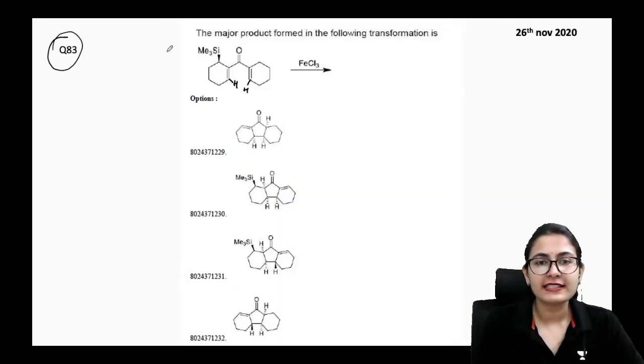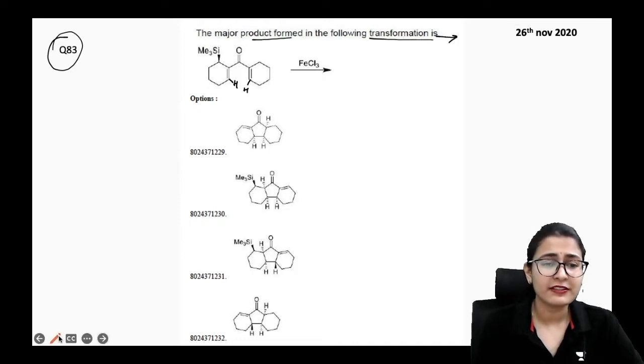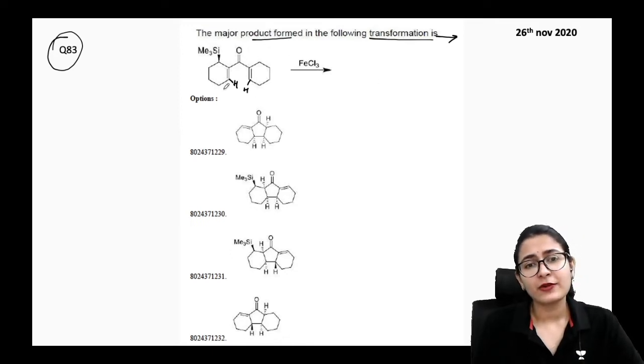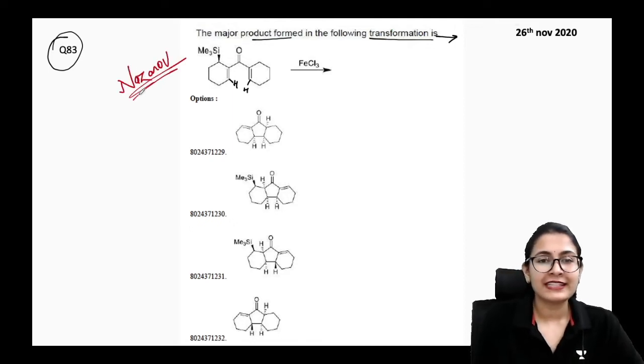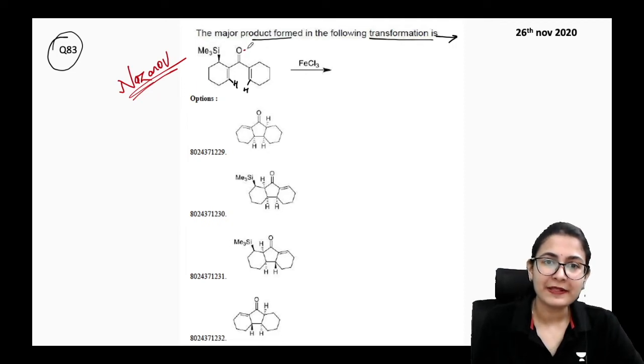Moving onwards, guys, next question. The major product formed in the following transformation is. Now this is a very easy and direct question, guys. Just by looking at the dienone system in the presence of acid, you know it is Nazarov cyclization. This Nazarov cyclization, what happens in the presence of any Lewis acid?